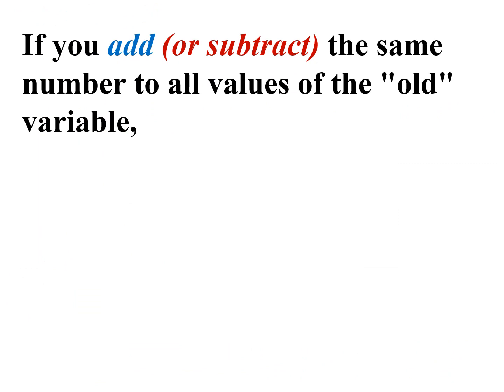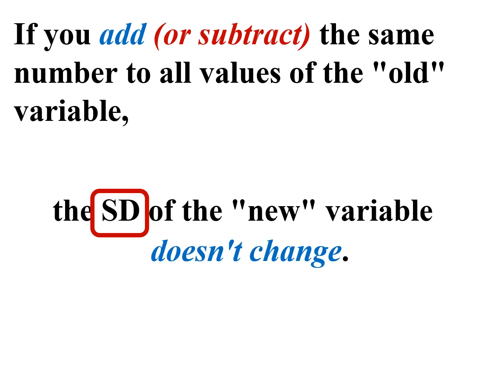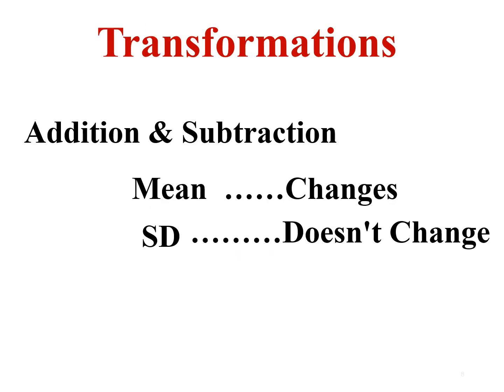If you add or subtract the same number to all values of the old variable, then the mean of the new variable is increased or decreased by that same number. But the standard deviation of the new variable doesn't change. To sum up, when a transformation involves addition or subtraction, the mean changes, but the standard deviation doesn't change.